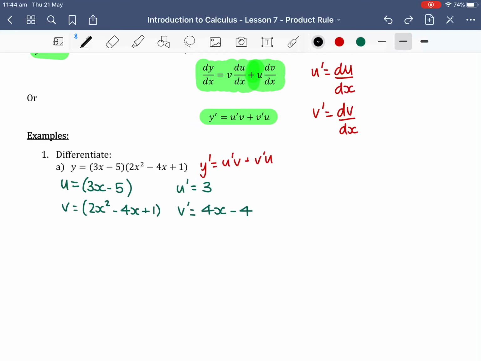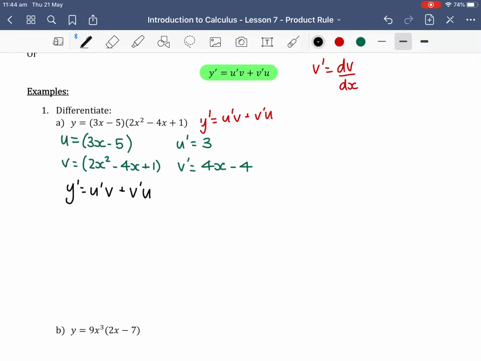So we have y dash equals our u dash v plus our v dash u. So our y dash equals our u dash, which is 3, times our v, so 2x squared minus 4x plus 1, plus our v dash, which is 4x minus 4, times our u, which is 3x minus 5.